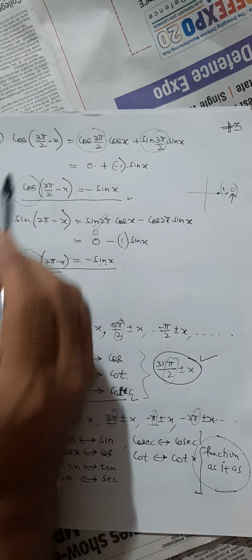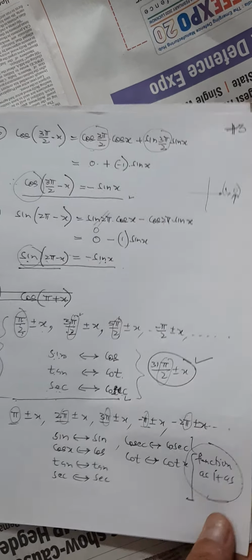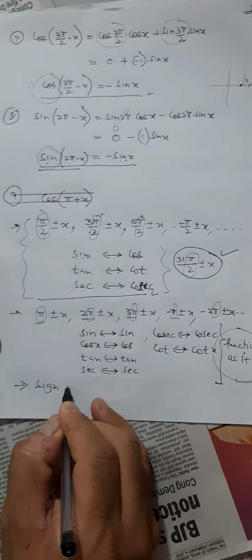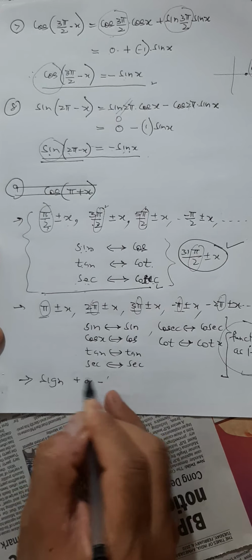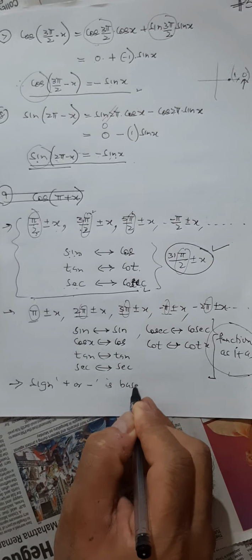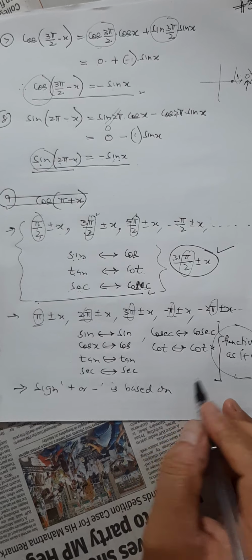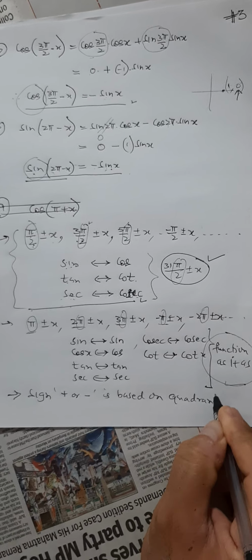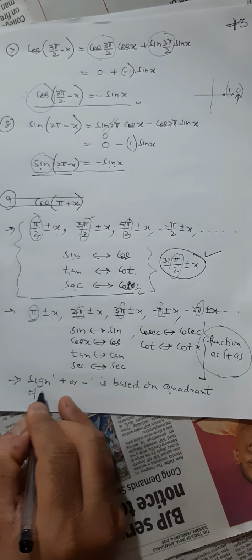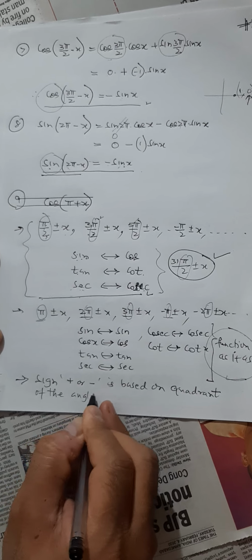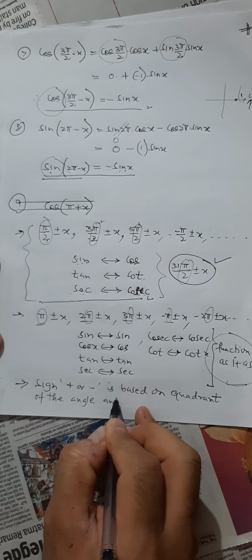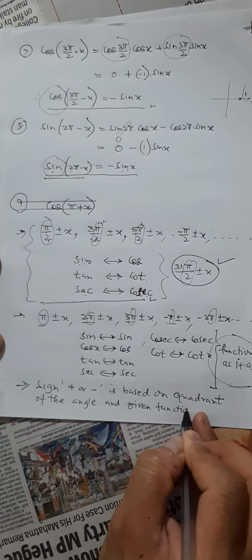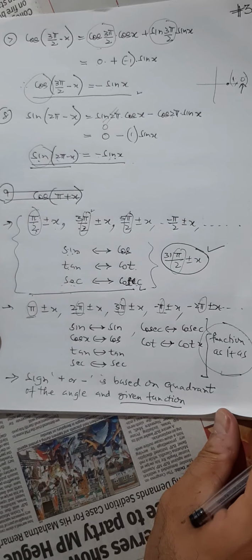Remember, I'll write here: the sign on the RHS, that is plus or minus, is based on the quadrant of the angle and the given function. Given function means what?